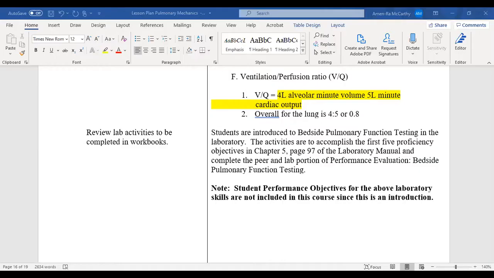Lung units. I could have sworn I had something on here for volume. Stop. That's not what I want. Here we go. Classifications and alveolar units PowerPoint.